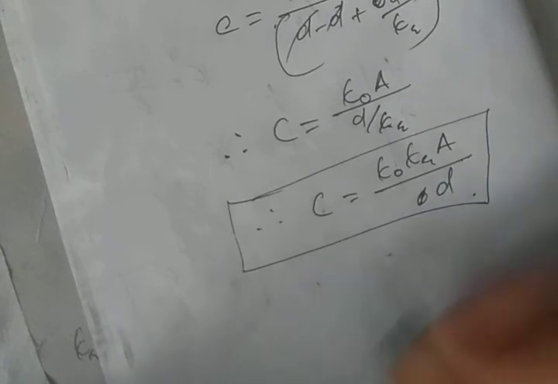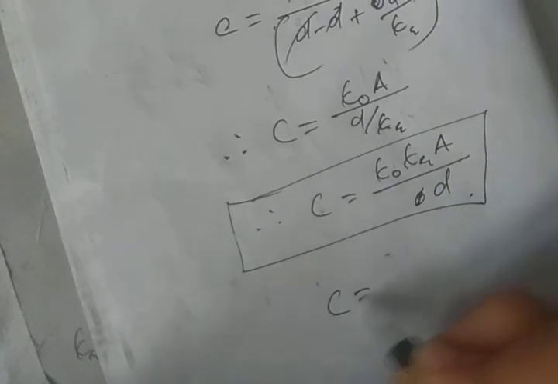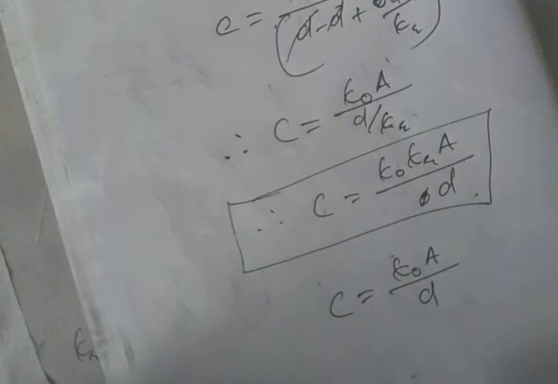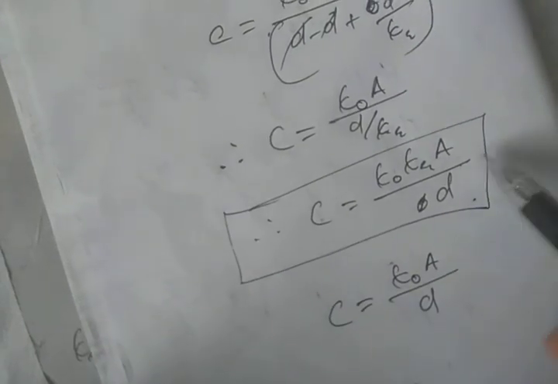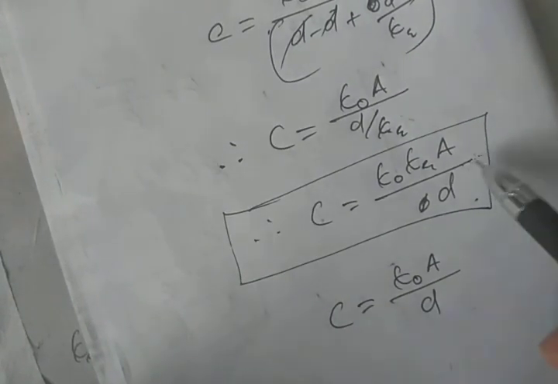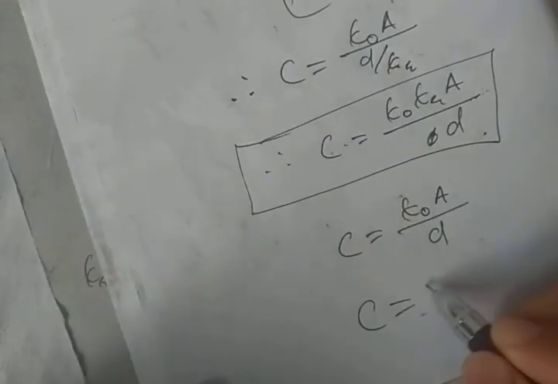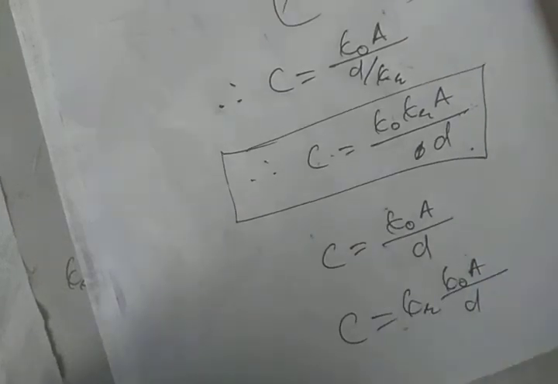I want to remind you of the air capacitor. In case of the parallel plate air capacitor, the expression was epsilon naught A by d. And when the space between the two plates is completely filled up by a dielectric substance, the capacitance is epsilon r epsilon naught A by d. I'm rewriting the very same expression this way.